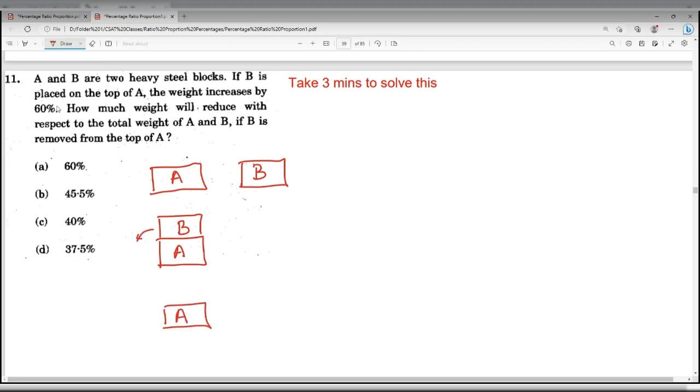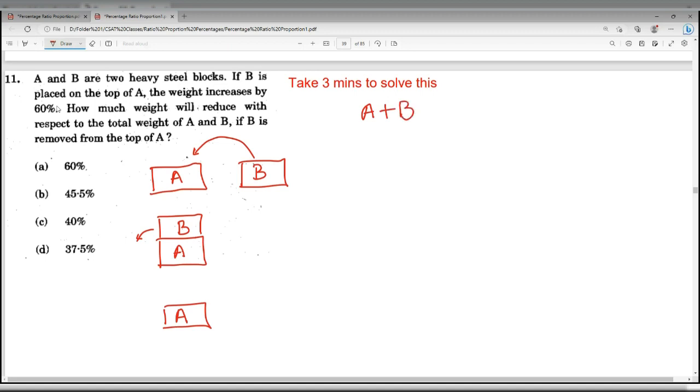Now what they're saying is when B is put on A, the weight increased by 60%. So what has happened here? Let A and B be the weights of the blocks.